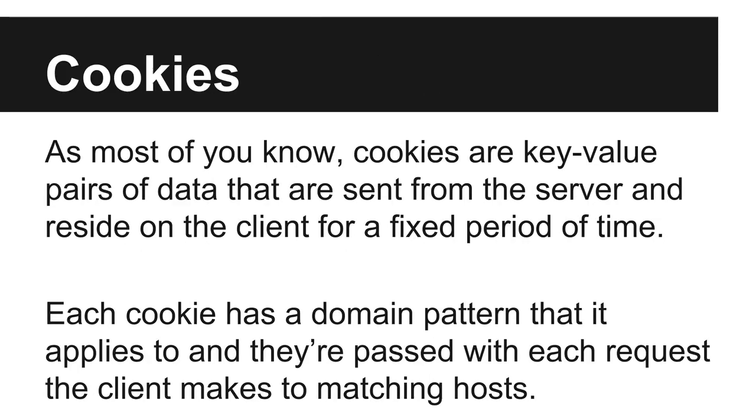So as most of you know, cookies are just key value pairs of data. They're stored on the client for a fixed period of time. Sometimes those periods are very long, but it's always a fixed period. Those come from the server or are added by JavaScript, and then are sent up with each request to the domain that they're scoped for. Each cookie has a domain pattern that it actually matches. Sometimes that's very specific.